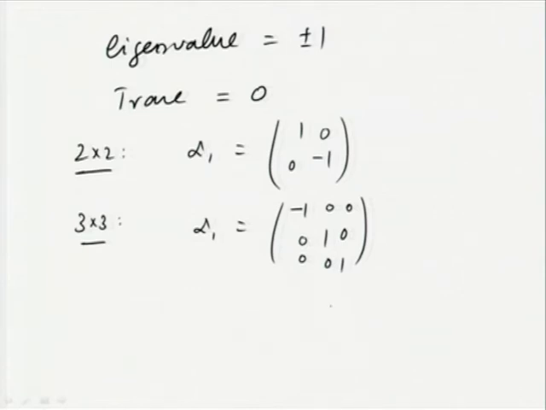You cannot have eigenvalues either plus or minus 1 and at the same time trace equal to 0 for an odd dimensional case. That actually tells you that, in fact, these two tell you that it is an even dimensional matrix.